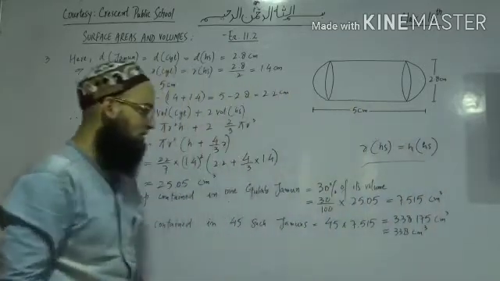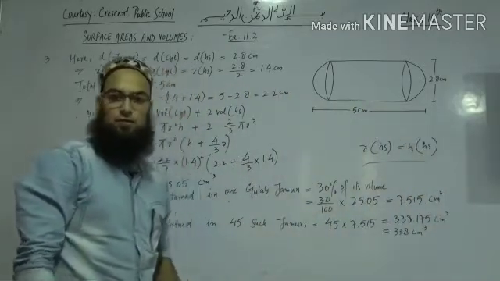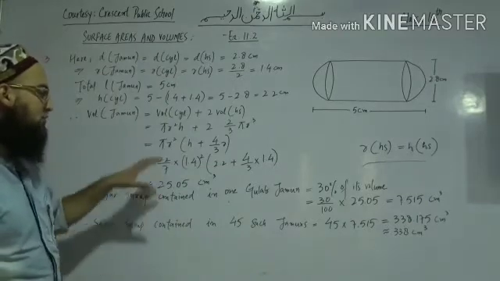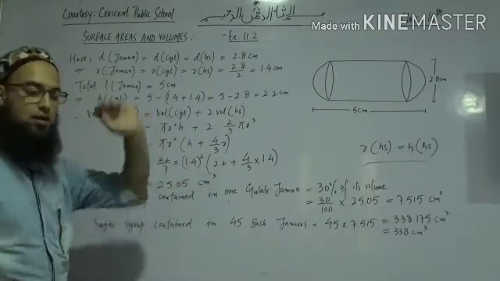That means approximately we have 338 cubic centimeter of sugar syrup contained in 45 such gulab jamuns.